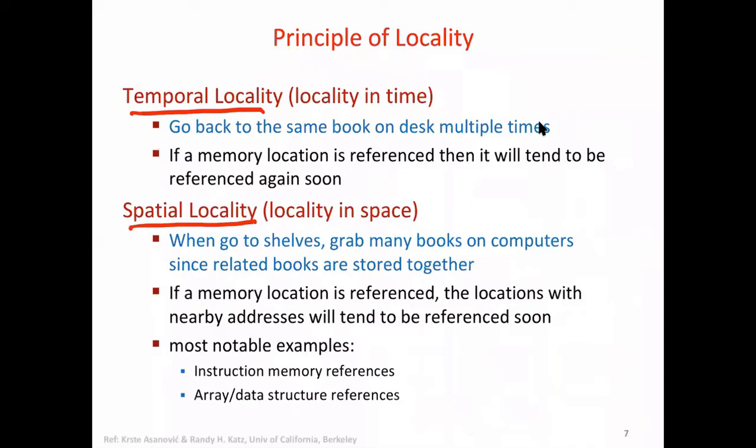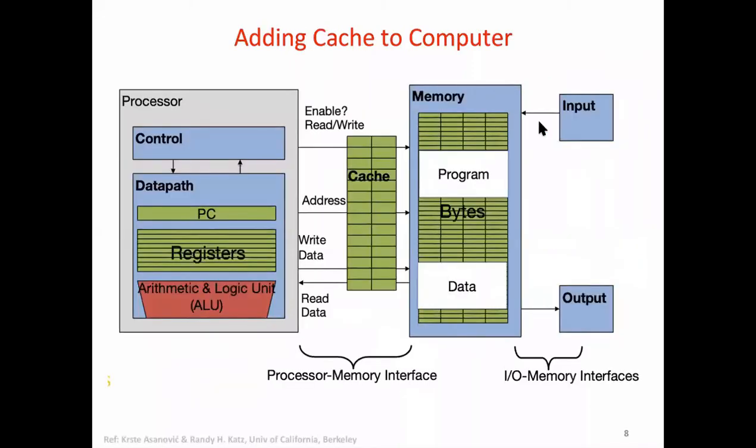So we have locality in space and locality in time. Because of this, we can bring what is maximally being used into the cache, and we get the speed up. This is what we discussed in the last class.